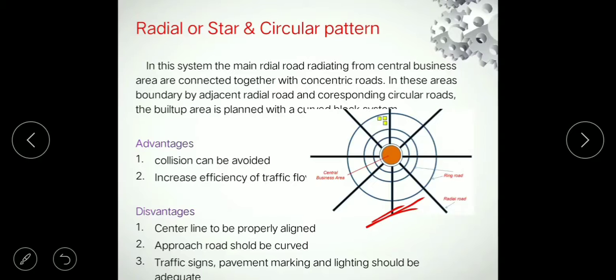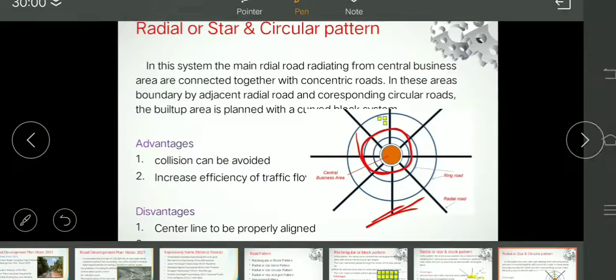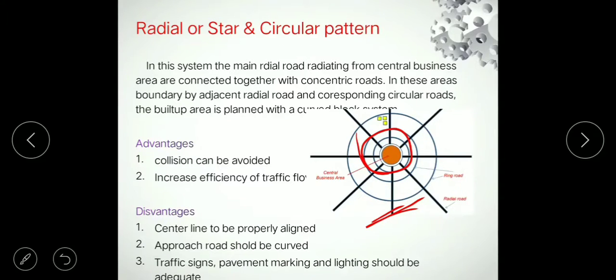Okay, concentric rings are marked along with the radial pattern, and in between that we have the block pattern. Advantages: installing roundabouts in place of traffic signals can reduce crashes. Roundabout means we have to come and move this way. Roundabouts improve the efficiency of traffic flow.